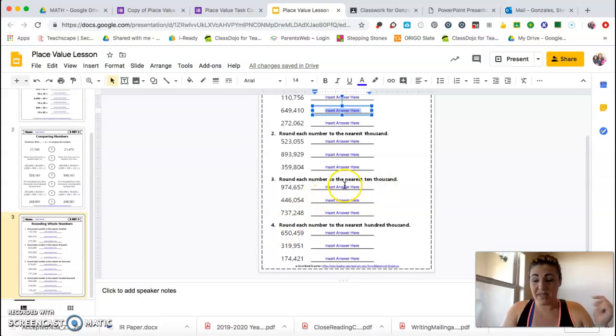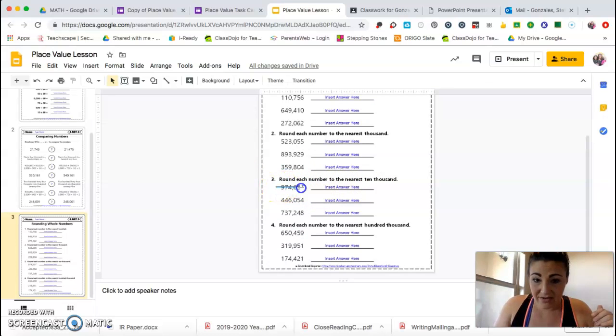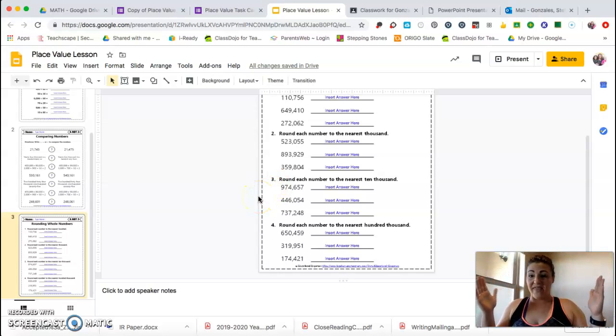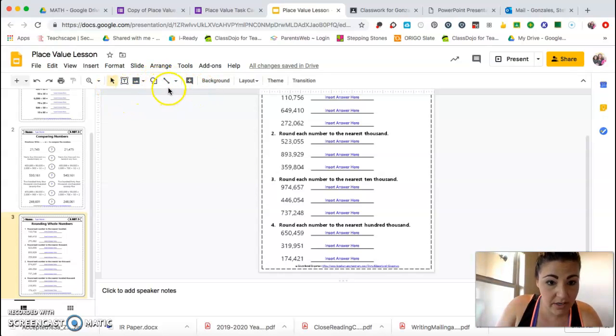If I'm rounding something to the nearest 10,000, for like this number right here, 974,657, if I think of that on a number line, and I am going to the nearest 10,000, well, on one side I have 970,000, and on the other side I have 980,000. Okay, so there's my number line with those two. I'm going to draw a little bit here.